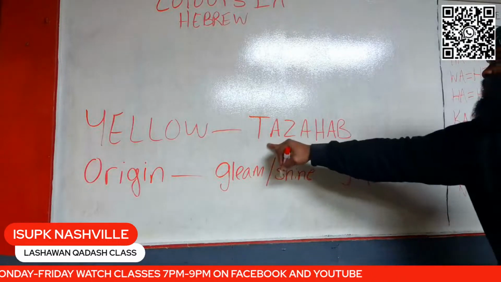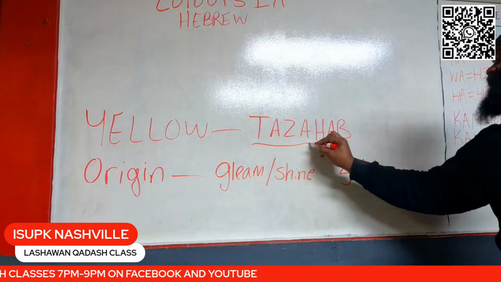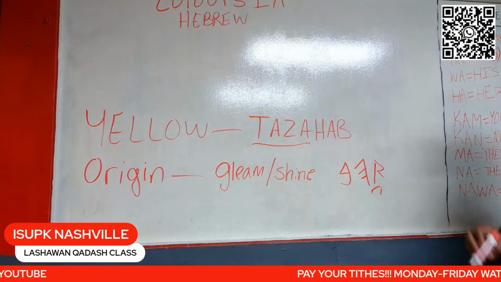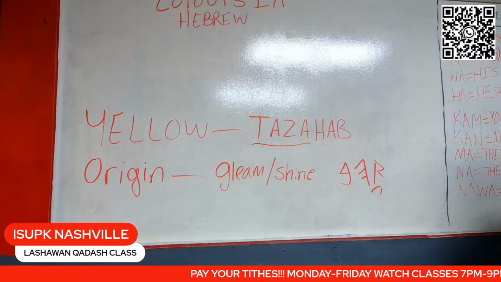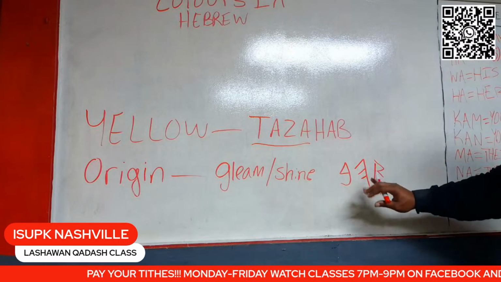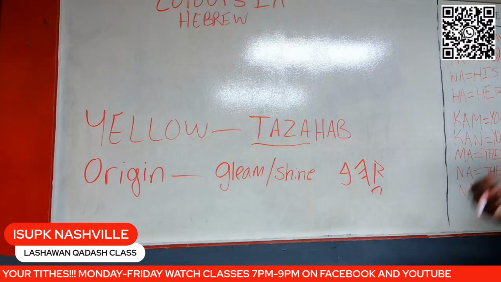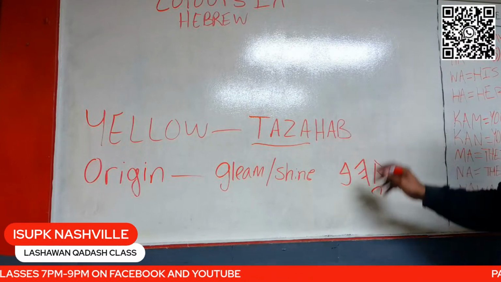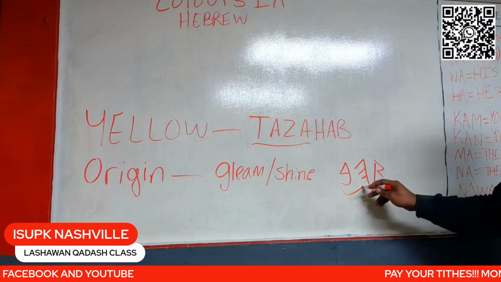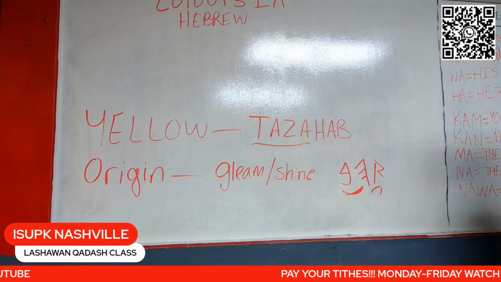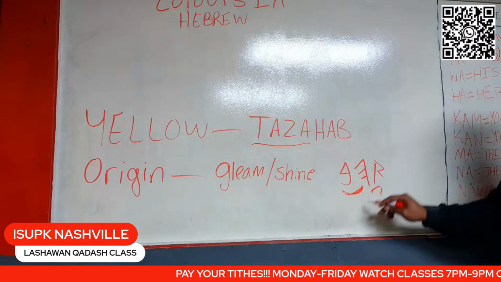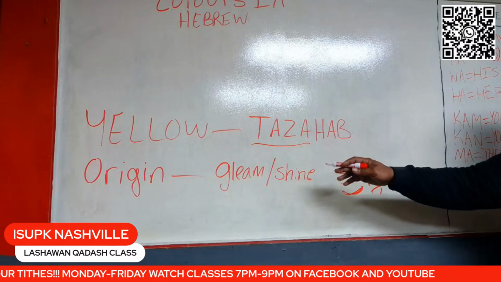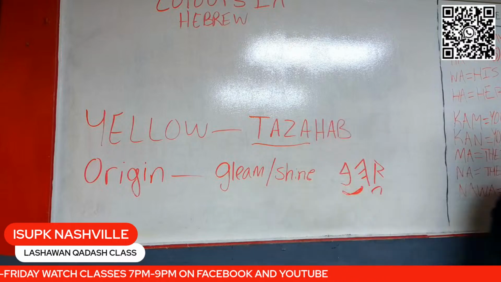Taza gets its own sound, so it will have an independent connector because it's not dependent on the ha or the ba to make the sound Taza. The ha is dependent on the ba, so it will get a dependent connector. Tazaha means gleam, shine, or yellow.